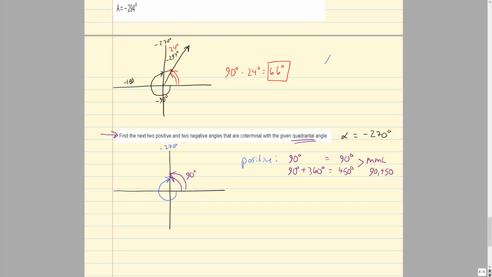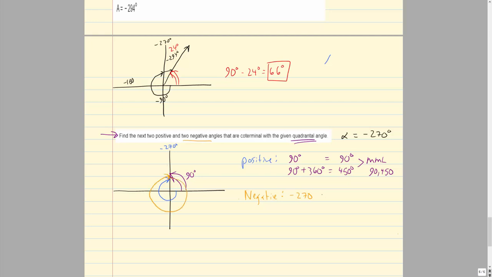So let's find two negative angles that are coterminal with the given quadrantial angle. Well, we're already at a negative 270. So what I'd want to do is come and hit this again, and that's another 360 spin around.